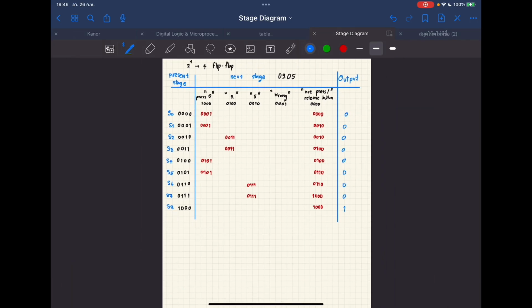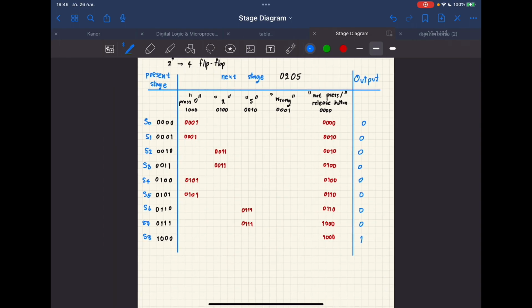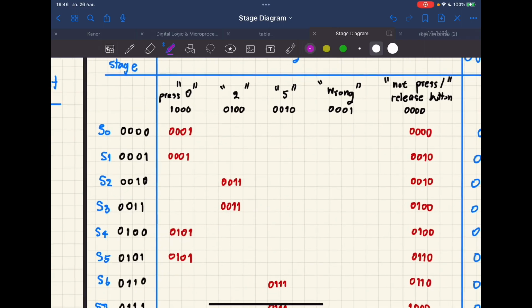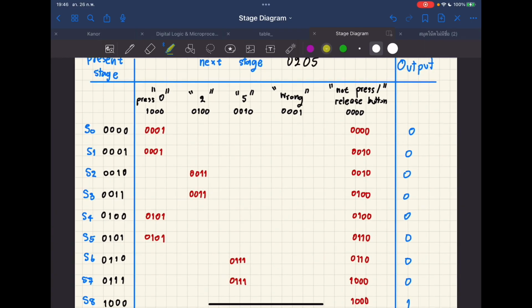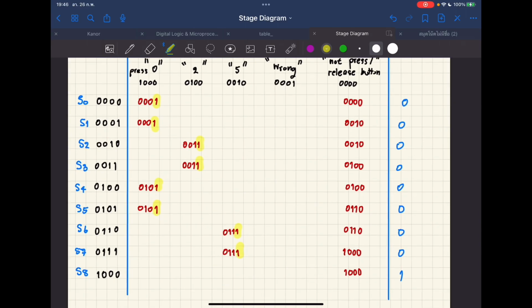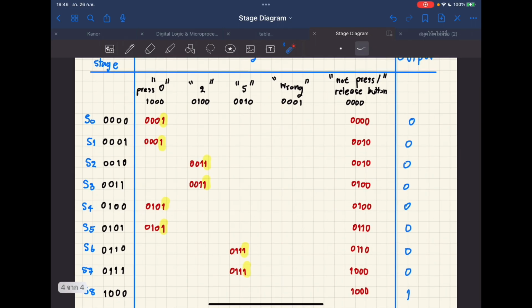And then we're going to write the equation from the stage table. First, we're going to look at the first digit. As you can see, stage 0 is 0 0 0 0. So it doesn't have 1, so we don't have to write it.